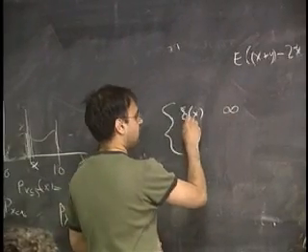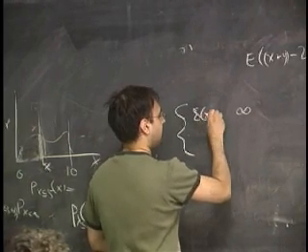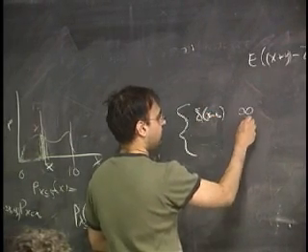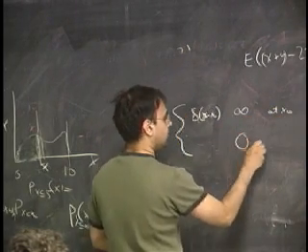In this case, it would be 0. If we brought it to x0 here, let's say, then it's at x0 and it's 0 everywhere else.